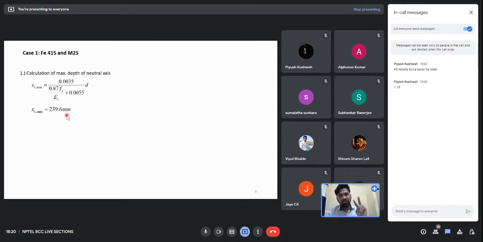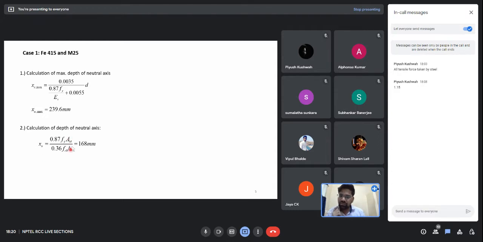I have told you that you have to remember only two diagrams, the strain profile and the stress profile. We have already used the strain profile for calculating the maximum depth. Now the other one remaining is the stress profile. From the stress profile, we can equate compression force to tension force. Compression force is nothing but 0.36 fck b into xu, and we equate it with 0.87 fy Ast, which is the tensile force.